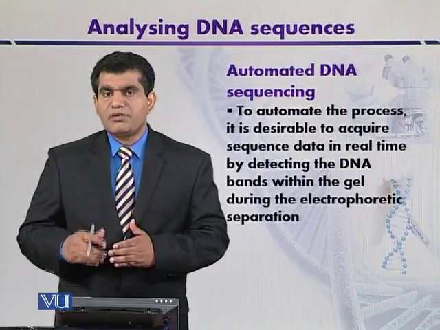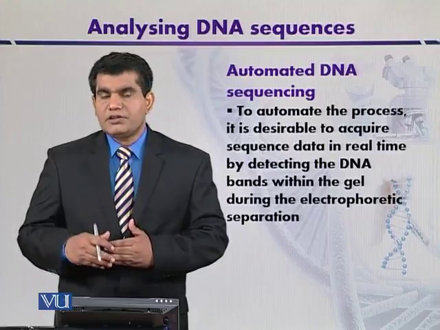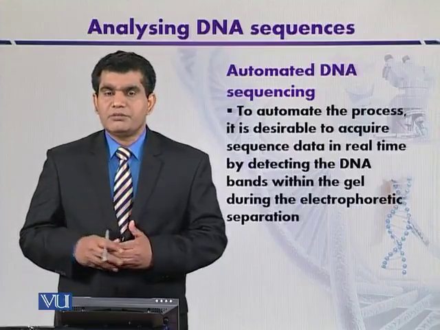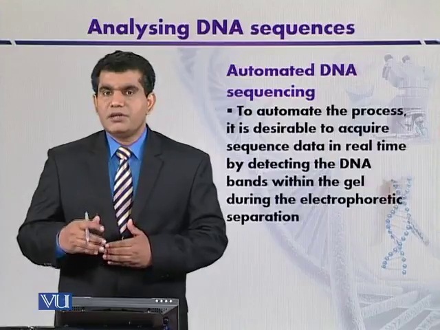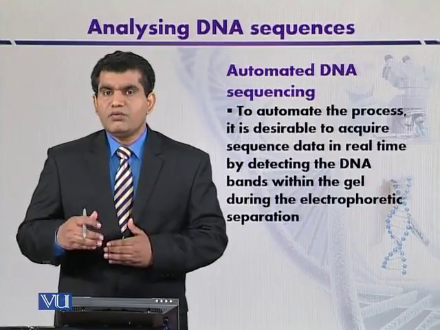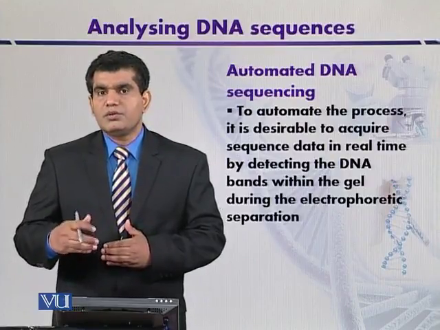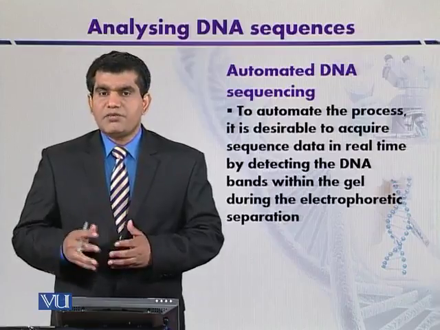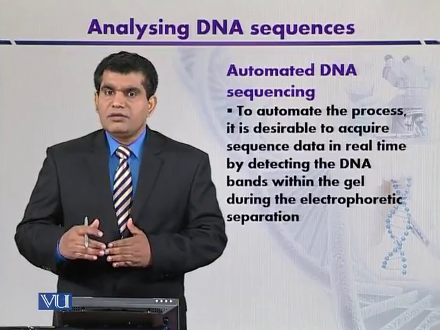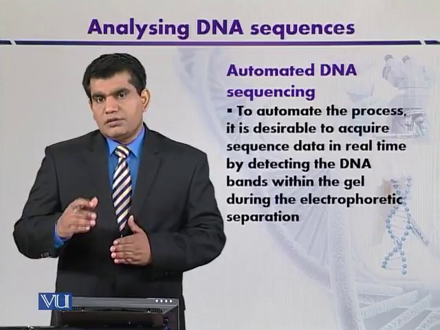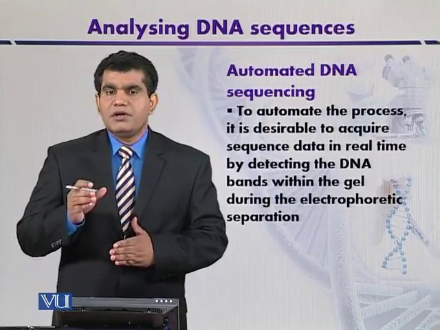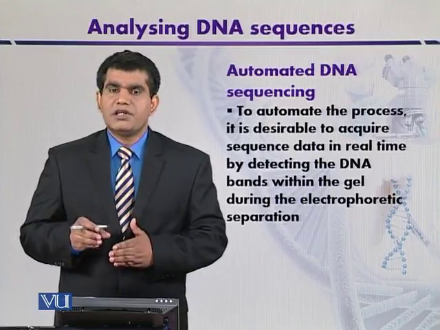Now suppose we have performed the chain termination reaction by using different labeled dideoxynucleotide triphosphates, then all the 4 mixtures can be run within a single lane of the gel.